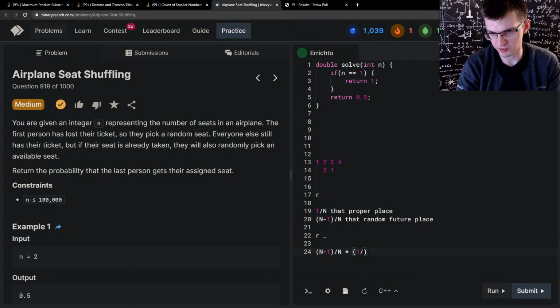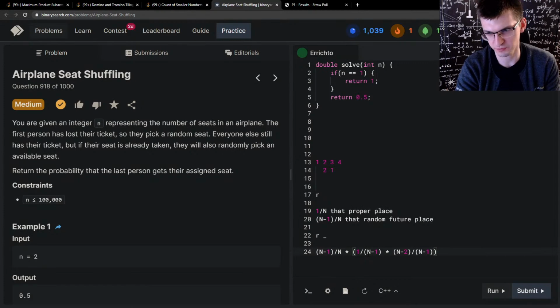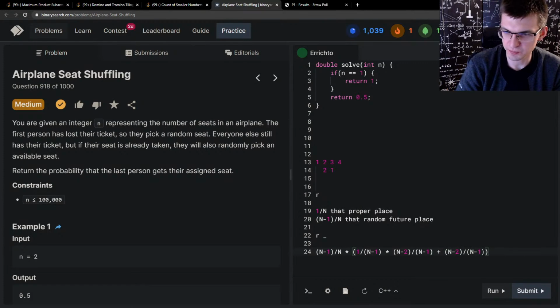With this probability, he sits on the second place, and then 2 will sit on a random place. In particular, with this probability, he will move forward instead of taking the place of person 1. Plus, this is the probability that the first person doesn't take seat 2, but takes one of the future seats.